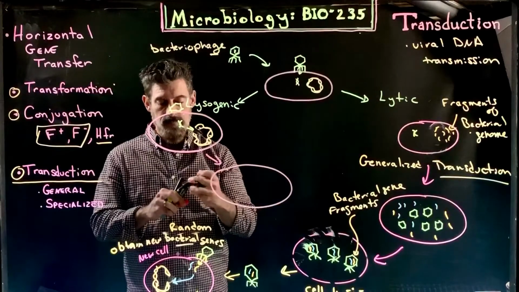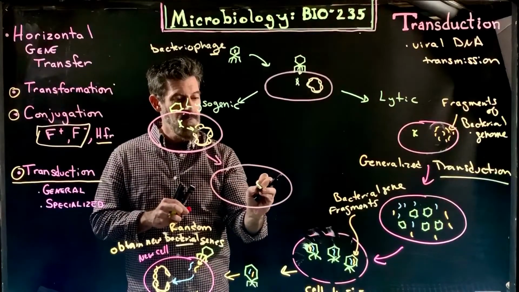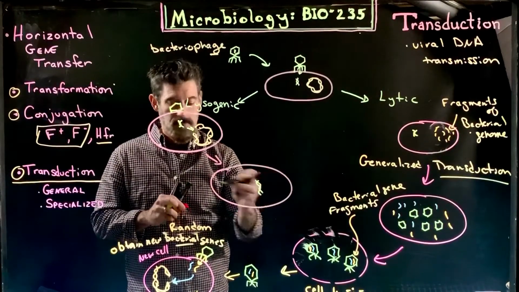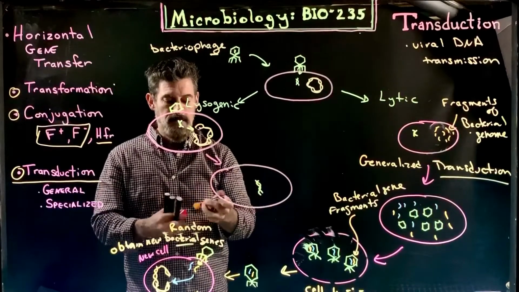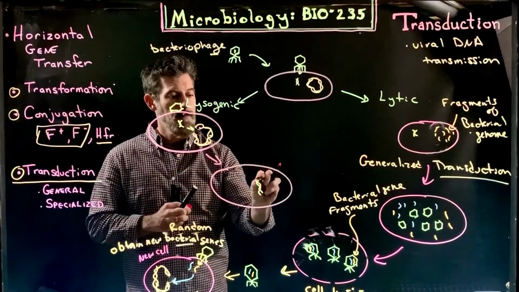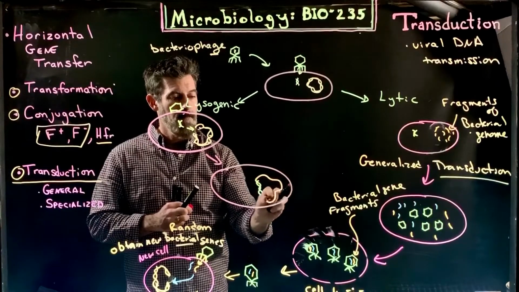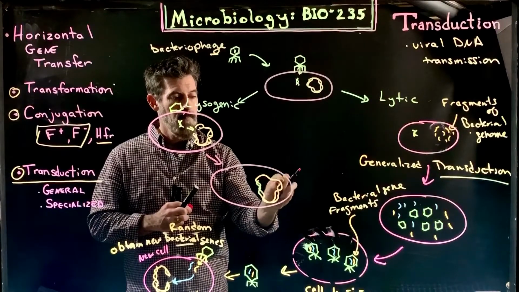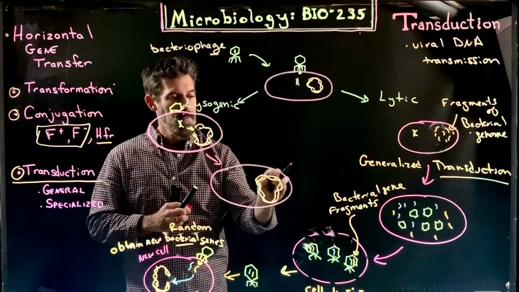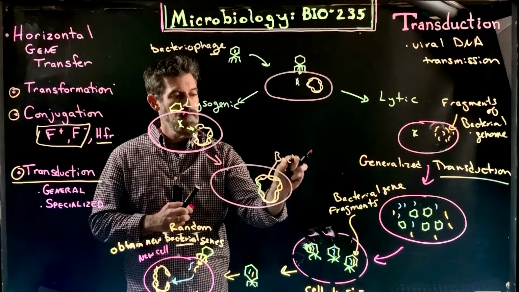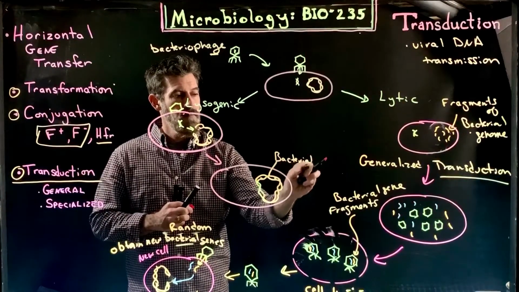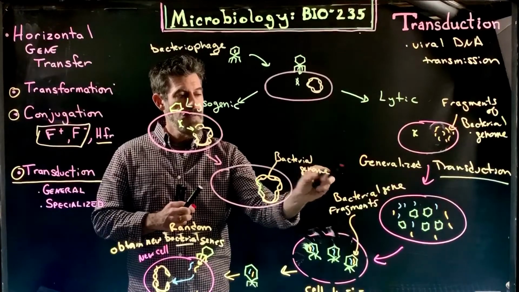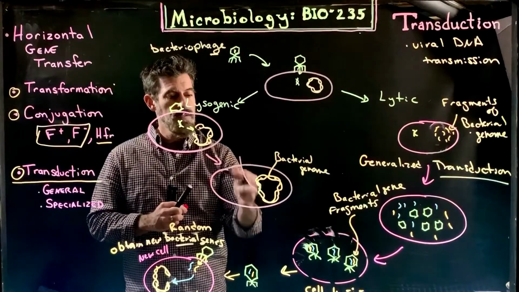All right, so we have the viral genome, and then you have the bacterial genome. Okay, so the bacterial genome, and then you're going to have the viral genes here.